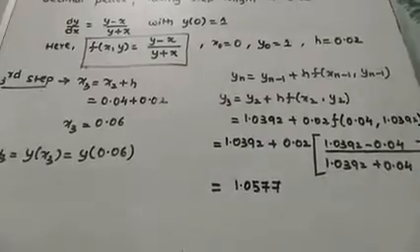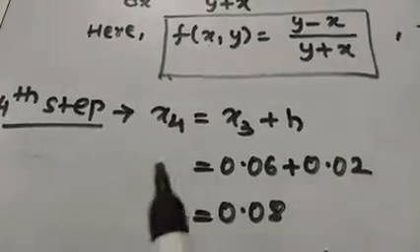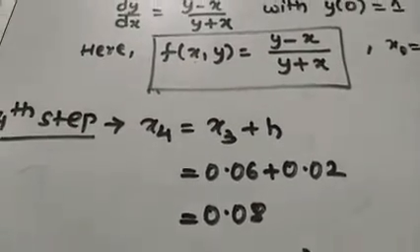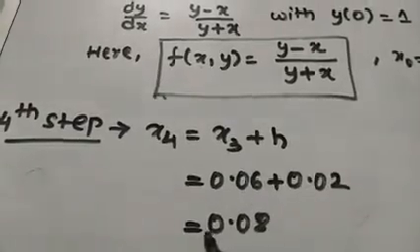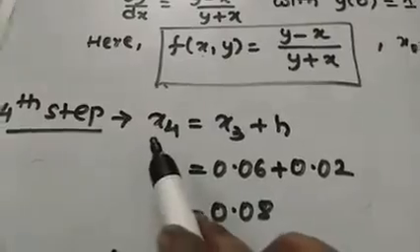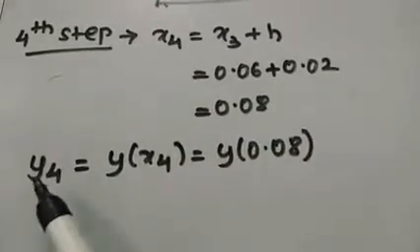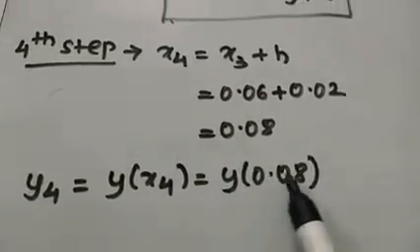Okay, so now we'll proceed to the fourth step. The fourth step is x4 equals x3 plus h. x3 was 0.06, h was 0.02, so that means 0.08. At the point x4 we have to find y4. So y4 is y of x4, and x4 is y of 0.08.